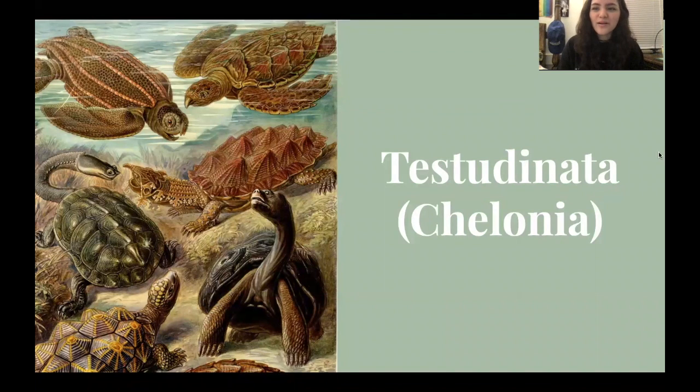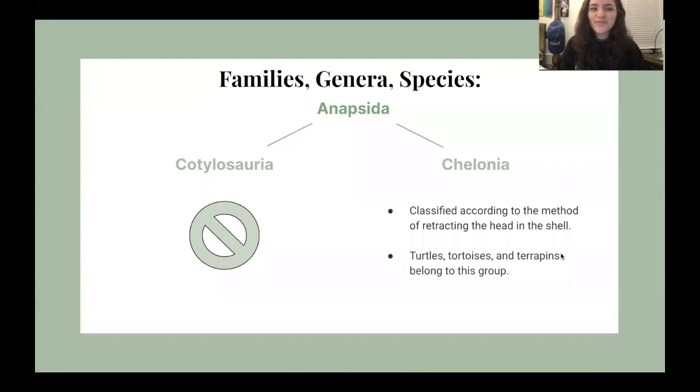Hi, so I'll be talking about Testudinata, more specifically Chelonia. The family, genera, and species. The one we're focusing on is Anapsida, and it's divided into categories.